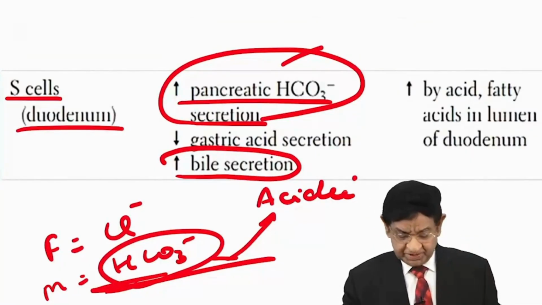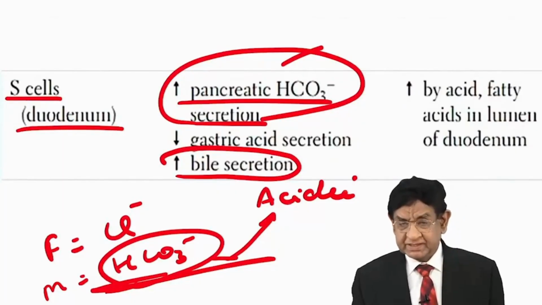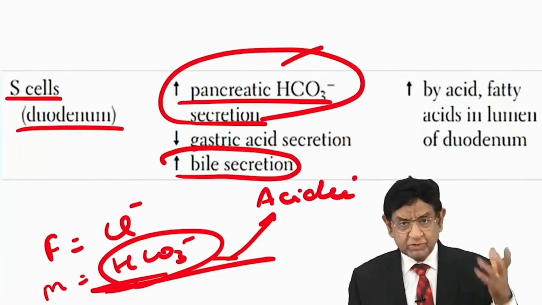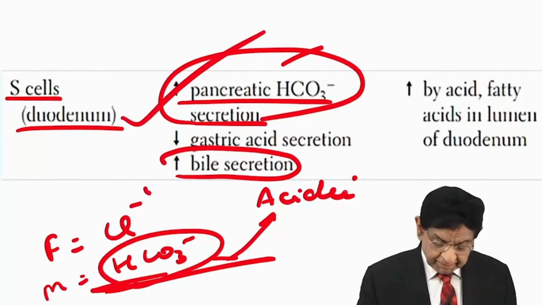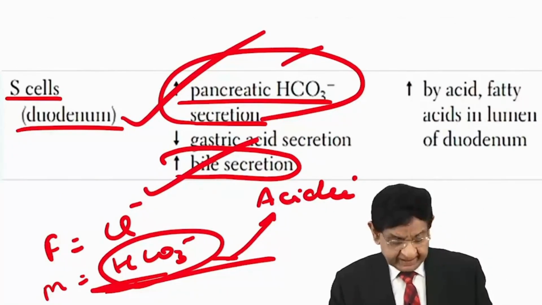Golden line to remember this. Of course, all the enzymes also work in alkaline pH. That's the additional finding. So relevant to my talk, increased bicarbonate and increased bile acid secretion occur by secretin.